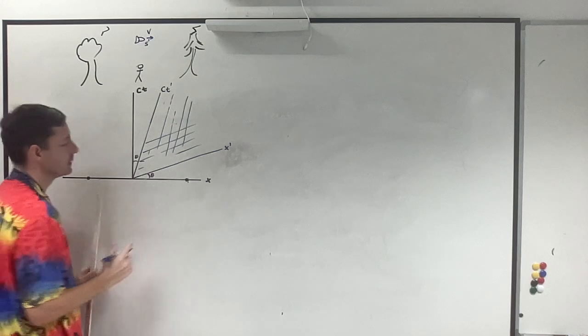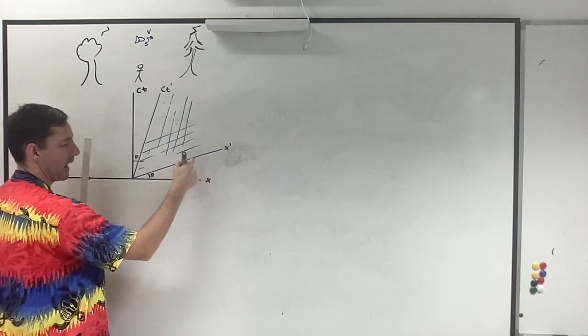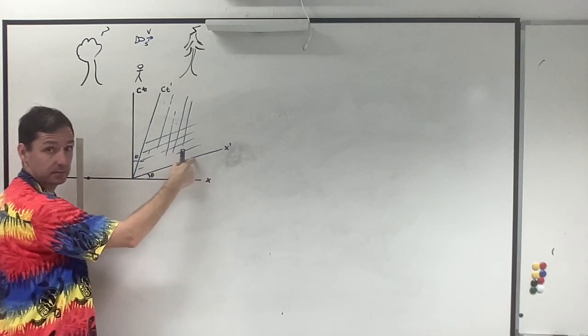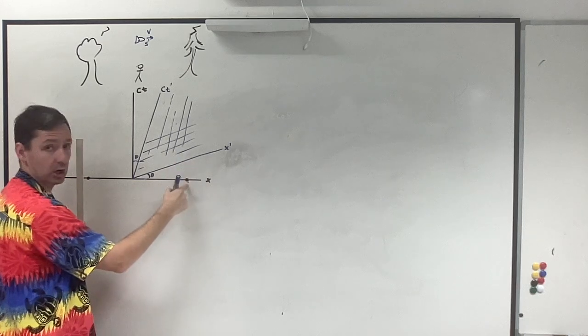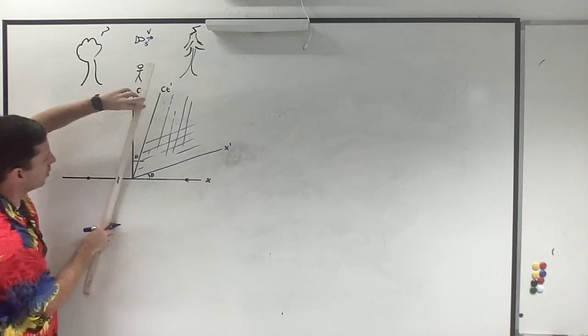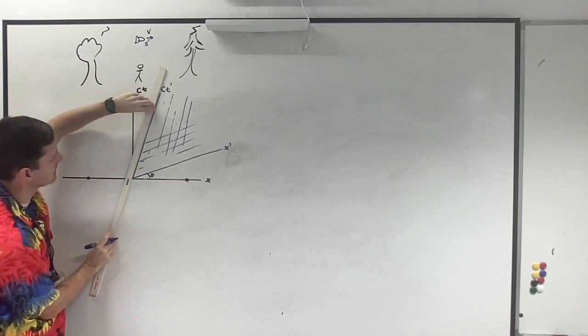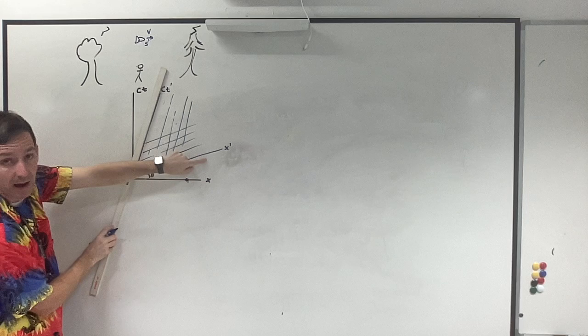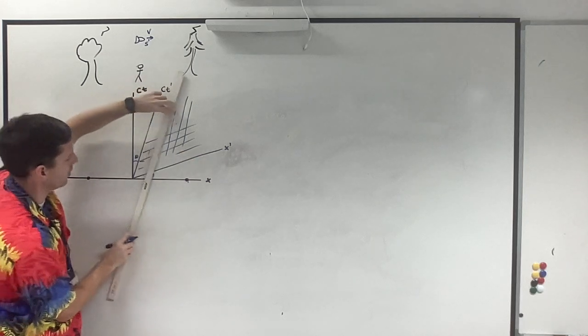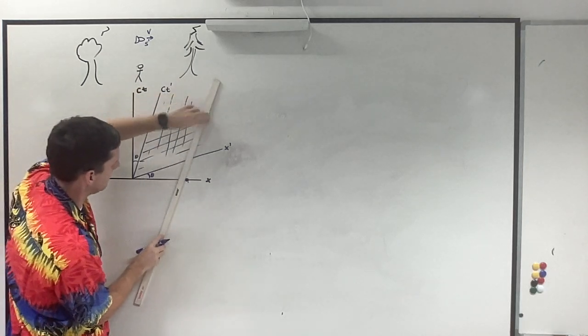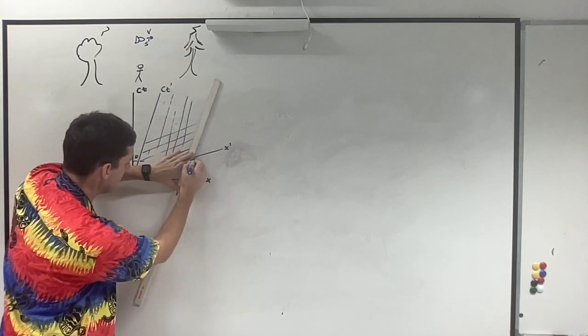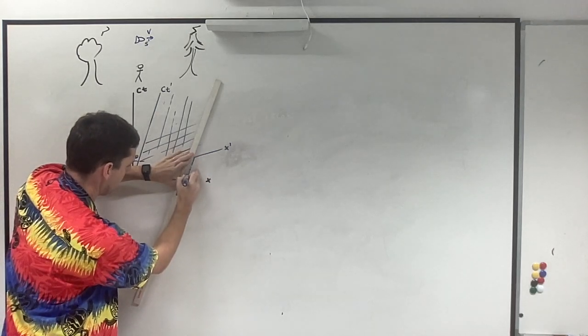So for that, if I want to figure out at what position this occurred, then I need to follow these lines parallel to the y-axis until I reach my x prime. So I'm going to keep this parallel as best as I can, and what we'll see is this right here.